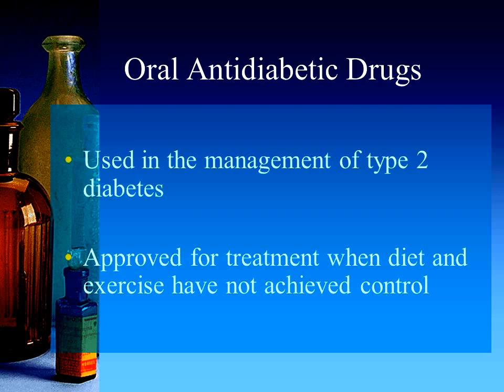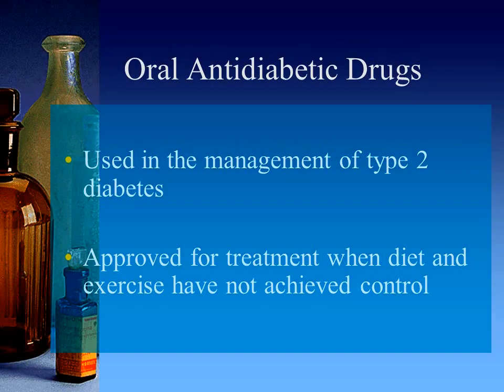We've got to give it to them. But for type 2 diabetes, we have some other options that we can use. So oral diabetic medications can be used for people in conjunction with diet and exercise to help them get control of their blood sugar. But they really should be doing the diet and exercise piece along with it.